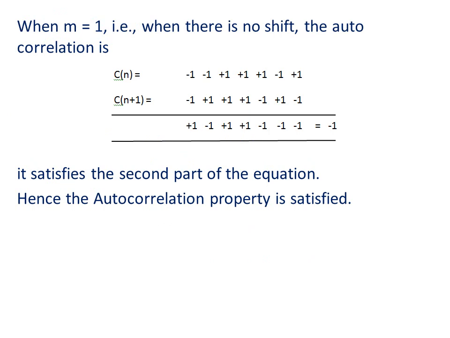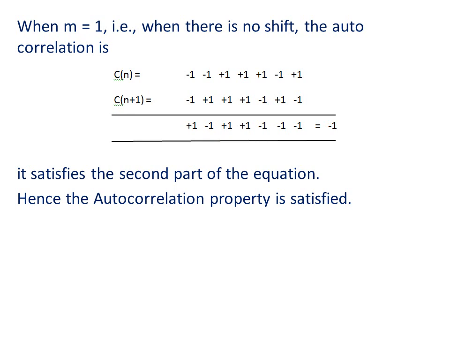When M is equal to 1, that is when there is one shift, the autocorrelation is given here, that is Cn is multiplied with Cn plus 1 for each shift, and ultimately we can say the value is minus 1.